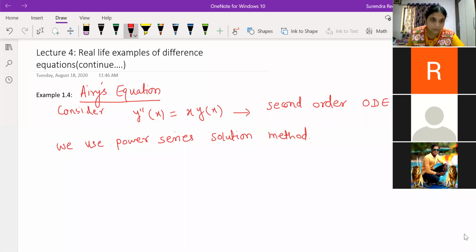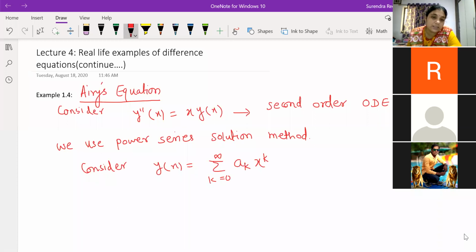So in the power series solution method, what we do is consider y of x equal to the summation k equal to 0 to infinity of a_k x raised to k. Usually these differential equations have solutions in terms of power series.